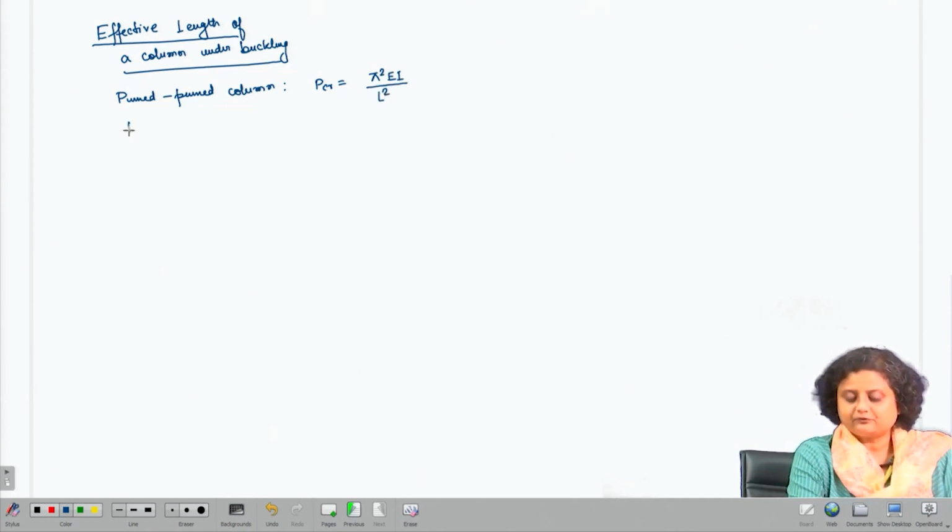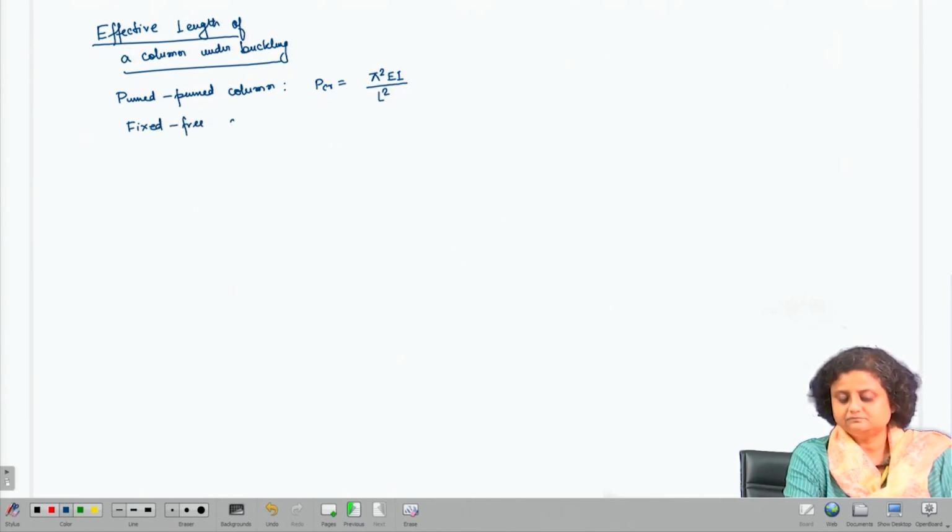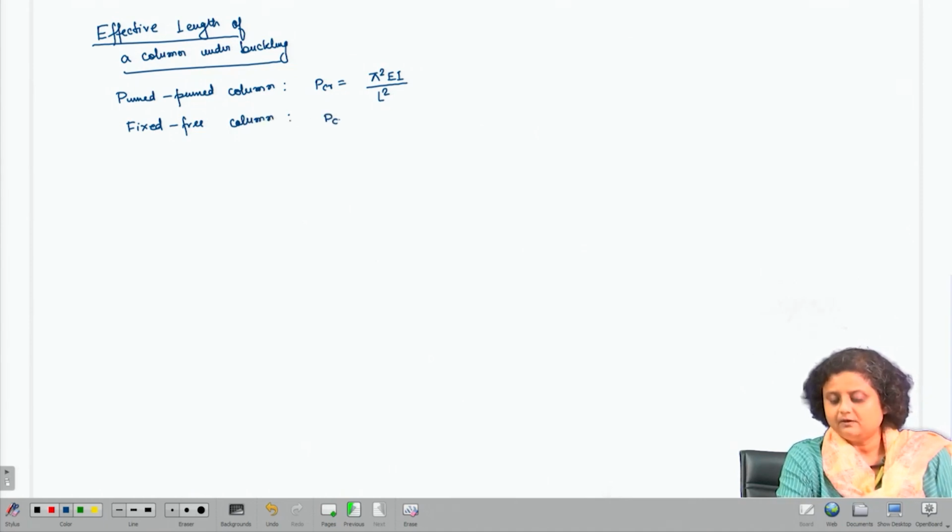Now, for a fixed free column, we have just derived it, and we have seen that the first critical load is pi square E I by 4 L square.